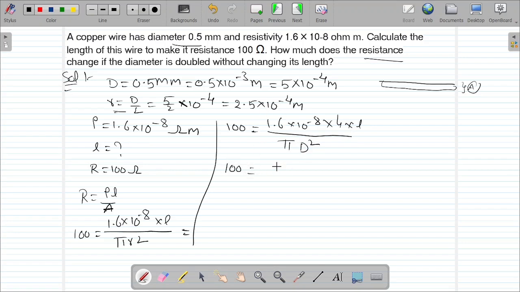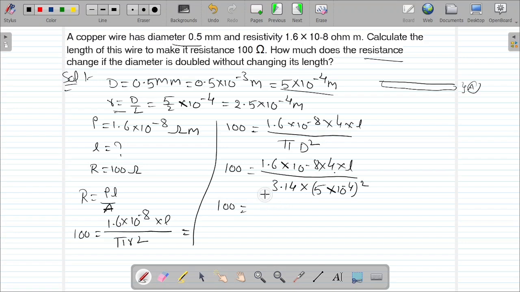So 100 equal to 1.6 into 10 to the power of minus 8 into 4 into L by 3.14 into d, where the d value is 5 into 10 to the power of minus 4, whole square. Okay, so now 100 equal to 1.6 into 4.